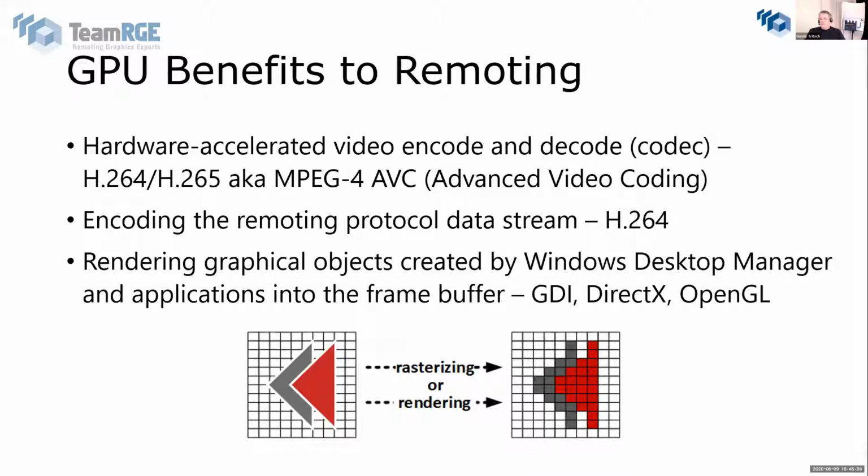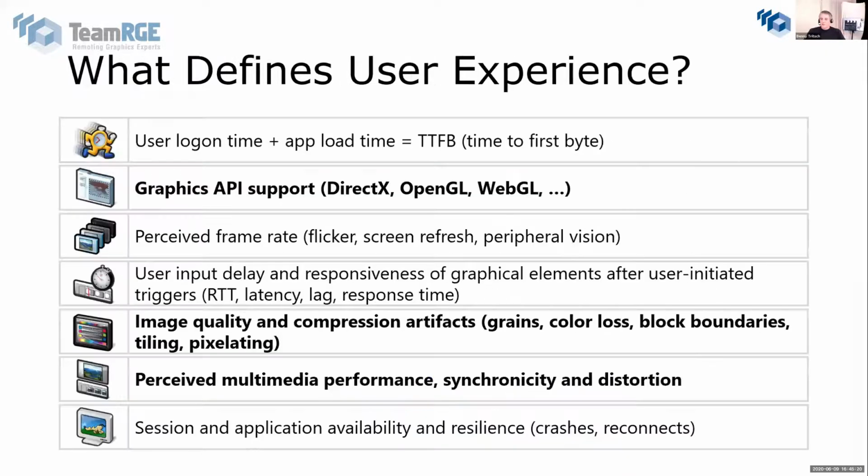Starting with Windows Vista, Microsoft introduced a new Desktop Window Manager that is based on DirectX, and DirectX can be GPU accelerated. So the newer versions of the Windows operating system all benefit from GPUs. Like I said, graphics API support defines the user experience, the image quality, and the perceived multimedia performance.